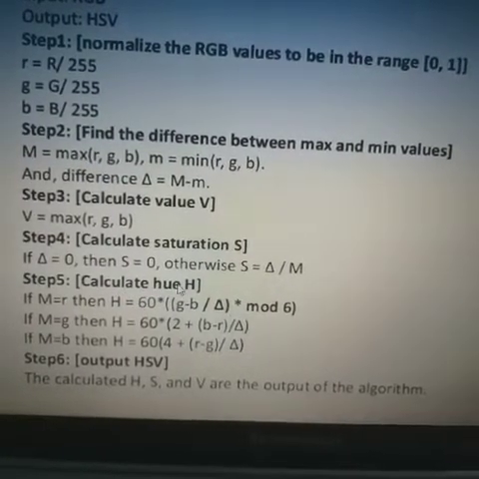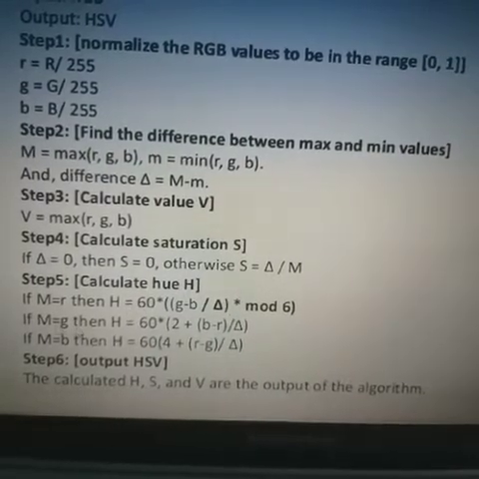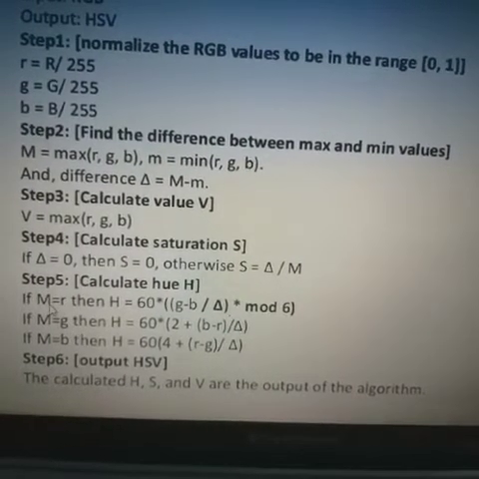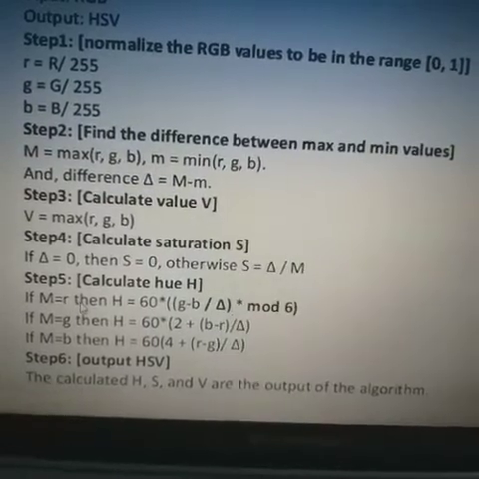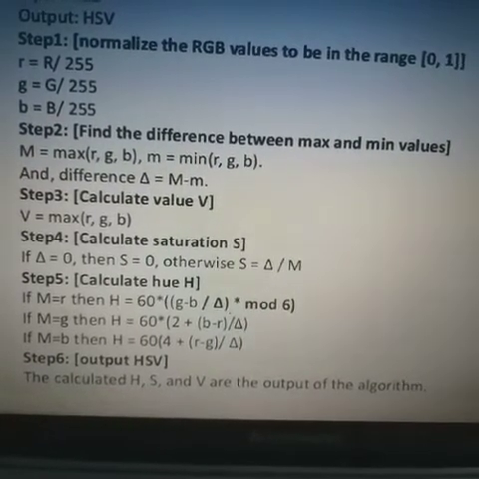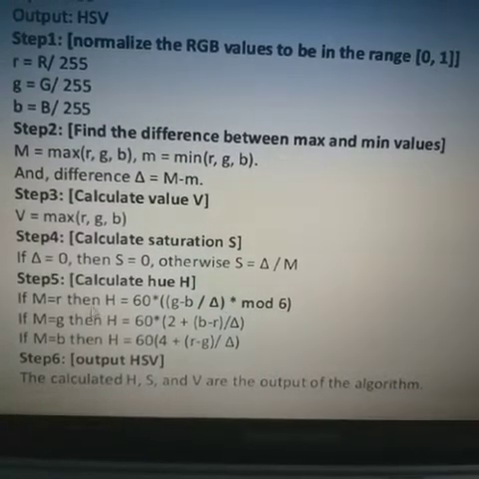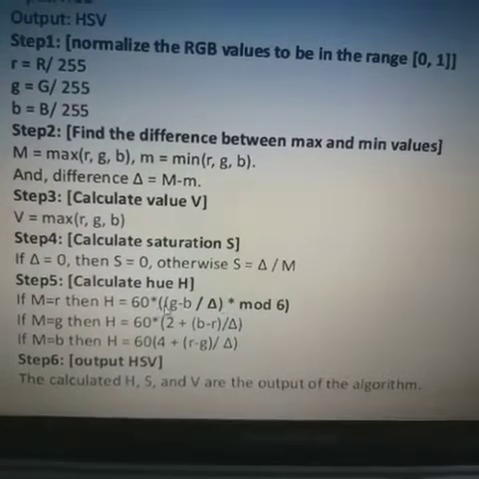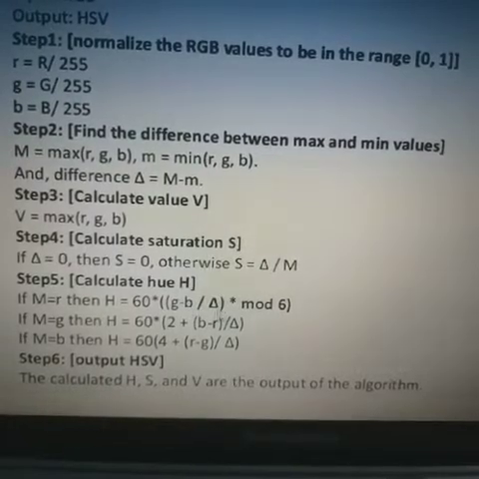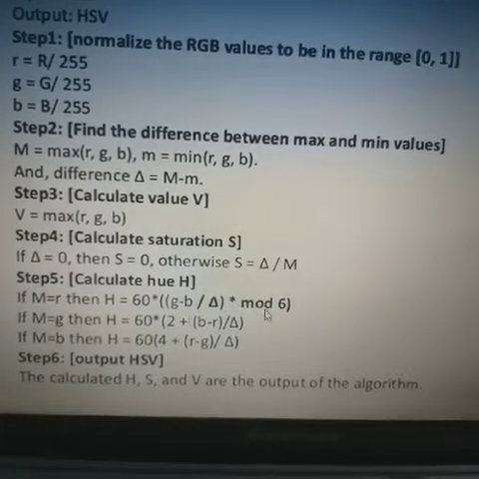Step 5 is to calculate hue. Hue is in terms of the angle. If capital M is equal to R, then H equals 60 into ((G minus B) divided by the difference) mod 6.